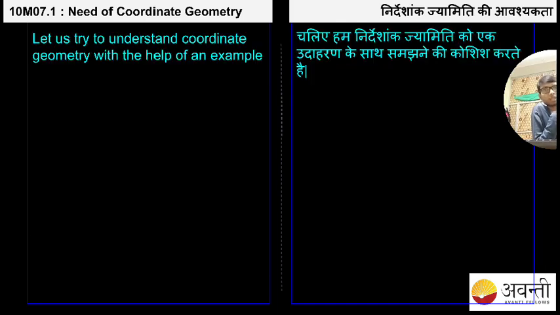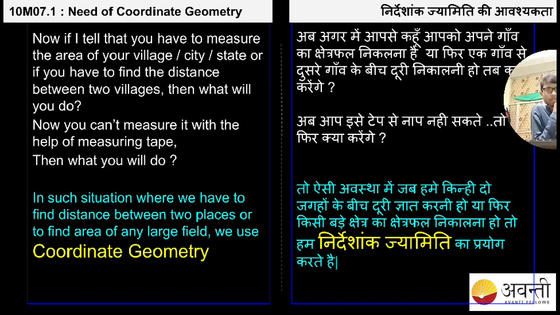Let us try to understand coordinate geometry with the help of an example. In such situations, where we have to find the distance between two places or the area of any large field, we use coordinate geometry. We use it so that we can find the distance between two things where we cannot use a tape.